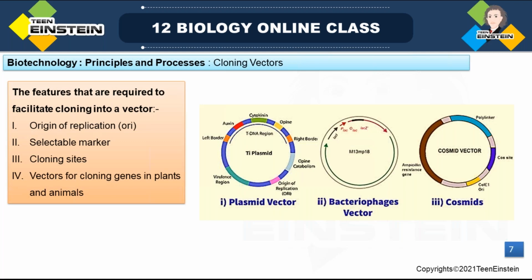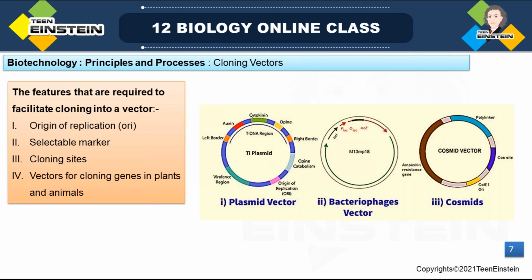So the antibiotic resistant ones are the recombinants. The recombinant ones will have the capacity to resist the antibiotic.